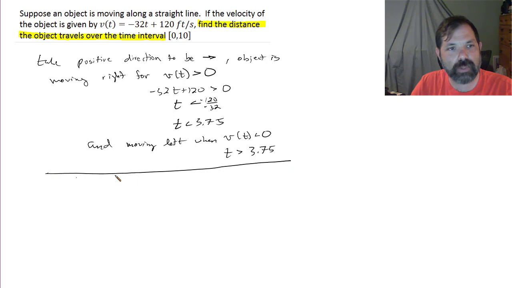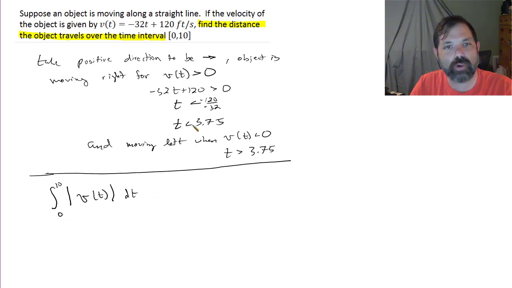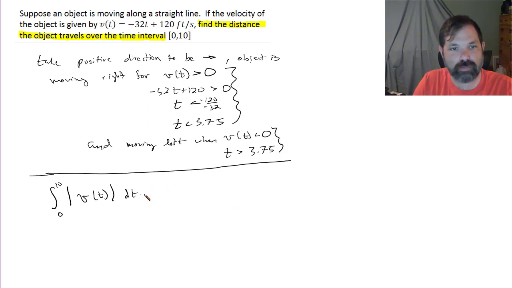We're going to integrate not the velocity function, but the absolute value of the velocity function, from 0 to 10 dt. Now what we notice is the velocity function changes at t equals 3.75. v of t is positive over the first piece from 0 to 3.75, and v of t is negative when t is greater than 3.75.